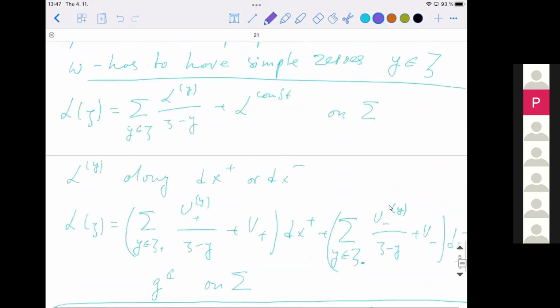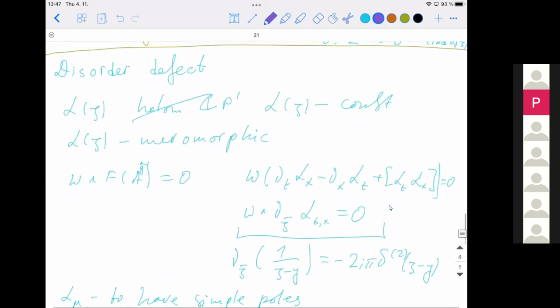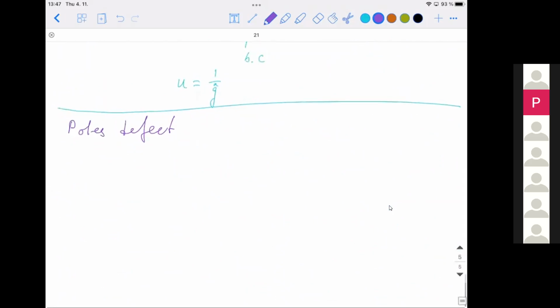So first we mentioned this disorder defect that depends on the zeros of omega. Now we will talk about this pole defect that depends on poles. So generally, zeta is the pole of omega.